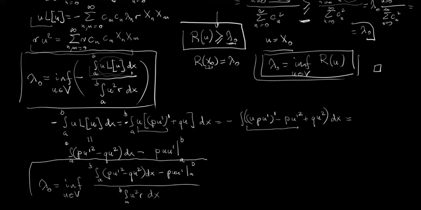So this is another version of the Ritz proposition, which tells you what is the lowest eigenvalue.